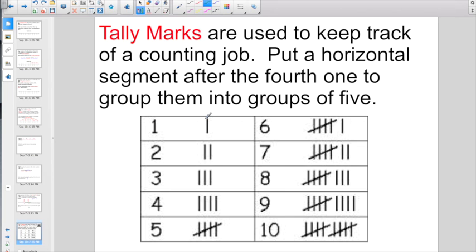If you wanted to represent 1, you'd just have 1 little line. 2, you'd have 2 little lines. 3, 3 lines. 4, you'd make 4 lines. The only tricky part is 5: you'd make 4 lines and a line through them to group them into a group of 5, right?